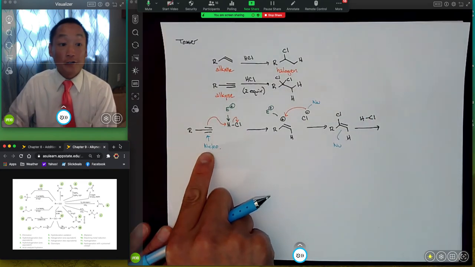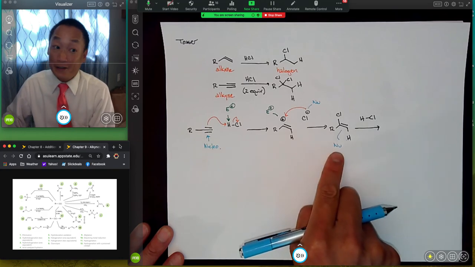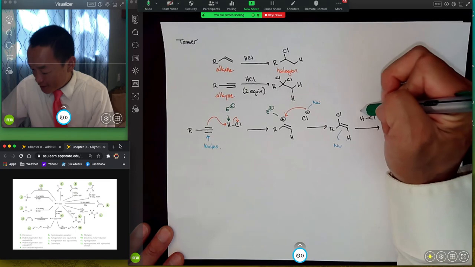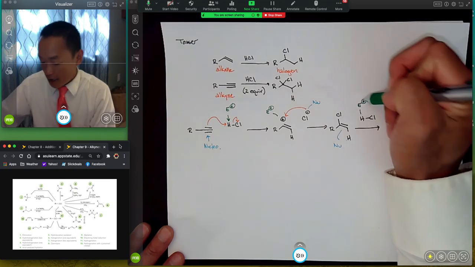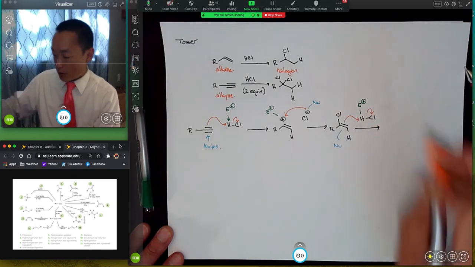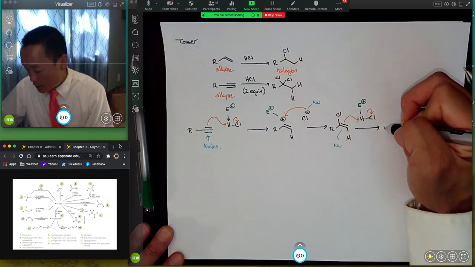If it was a nucleophile here, it's got to be a nucleophile over here. If it was an electrophile here, here's an electrophile. Again, it's going to behave like an electrophile. Again, we have nucleophilic attack, breakage of that HCl bond.